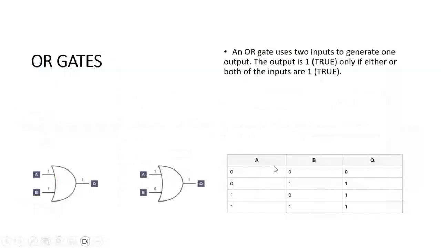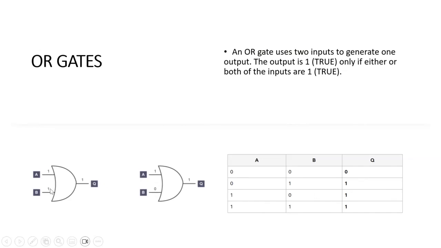The third one will be called the OR gate, which looks like this. And once again, it's got two inputs and one output. So just like we have two inputs, we should have two columns as inputs and one output. Now, the only difference in OR and AND is that it is only false when both are false, and it is true every other time.